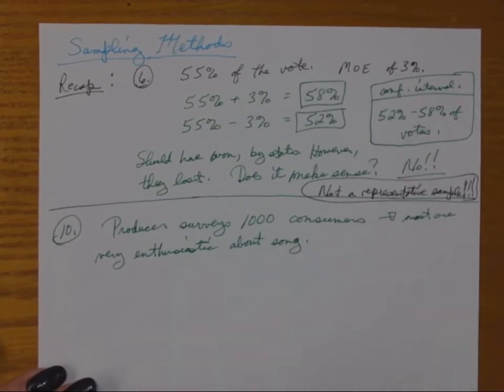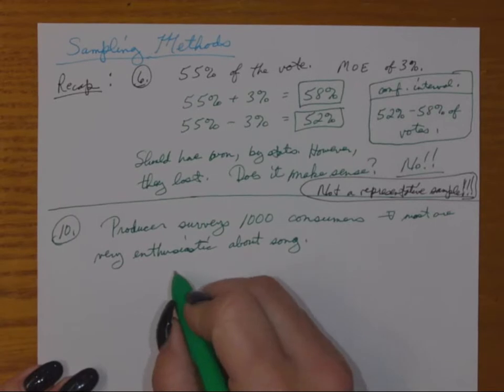So this person who produced this music goes and surveys them, lets them listen to the song, and hey, they're all enthusiastic. So she convinces the Sony recording company to promote the song. Okay, does it make sense?